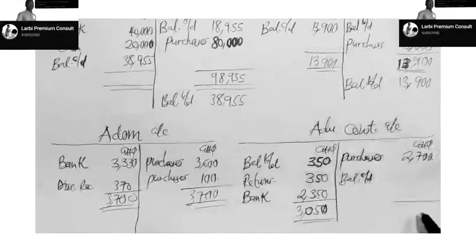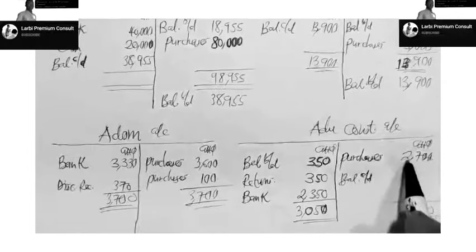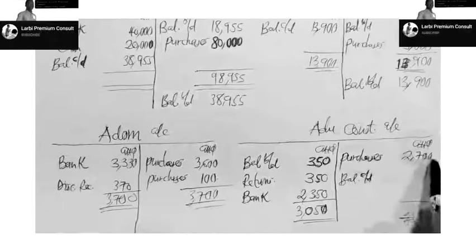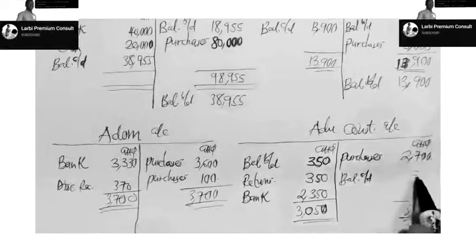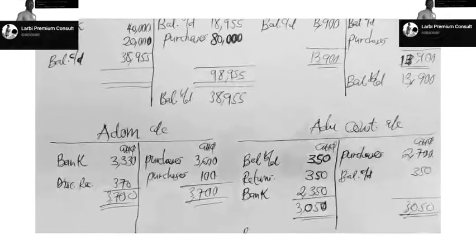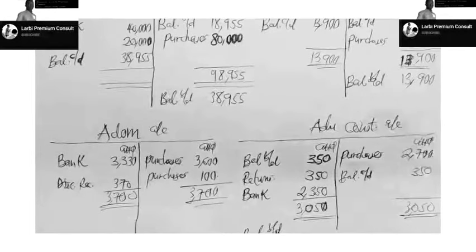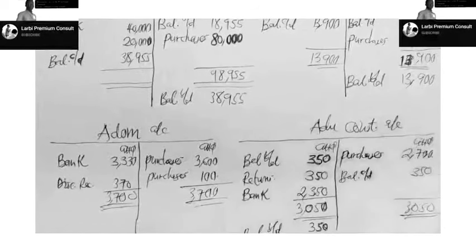The same thing will be here, 3,050. Then I'll close it. So let's subtract 2,700 from 3,050, and the difference will be 350. That difference will be the balance brought down for Edu, which is 350.